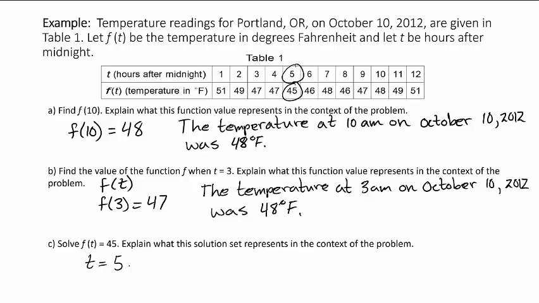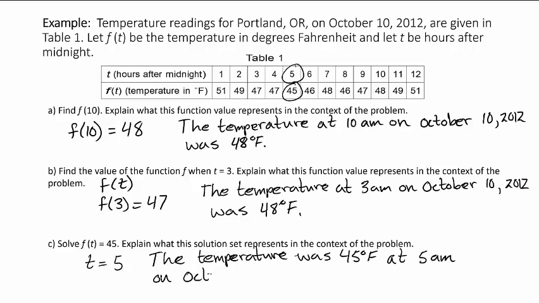So what does this mean? The temperature was 45 degrees Fahrenheit at 5 a.m., right? 5 hours after midnight on October 10th, 2012.